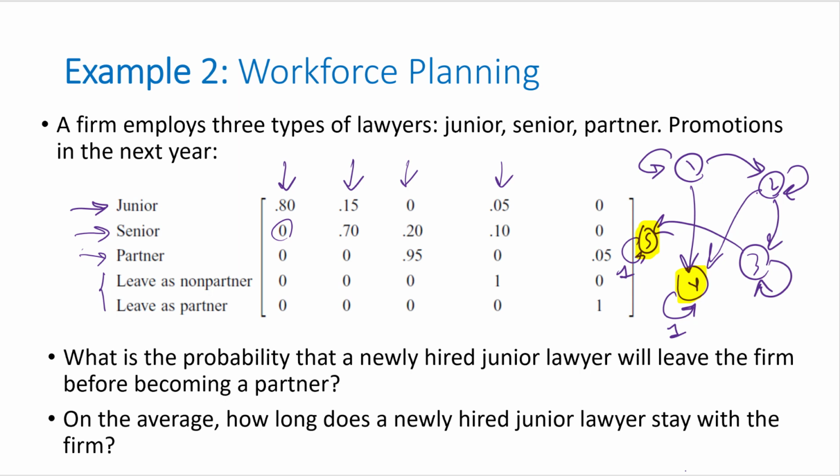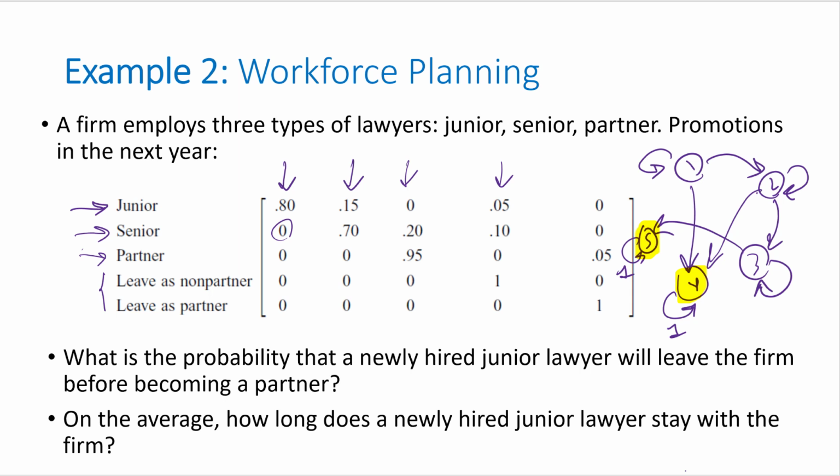Second question, which is a little different from the questions we've seen so far for this example and the previous example. Those questions so far are the probability that a transient state ends up in one of the absorbing states. But here the question asks, on average, how long, it's not a probability, or how many steps, how many years, does a newly hired junior lawyer stay with the firm?